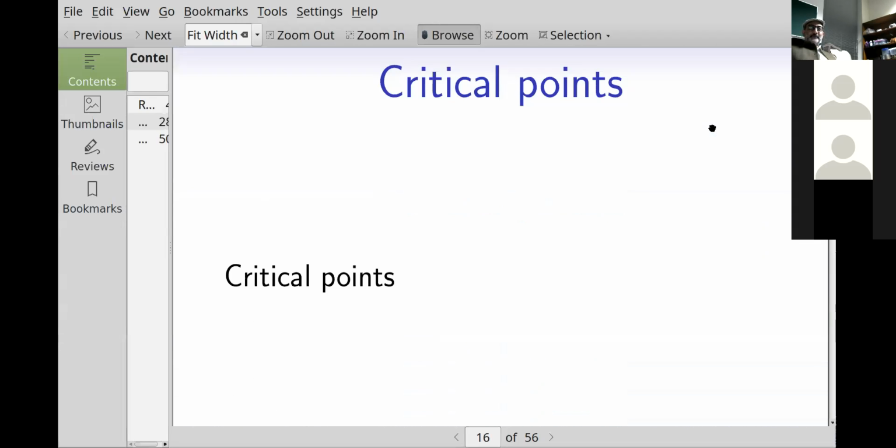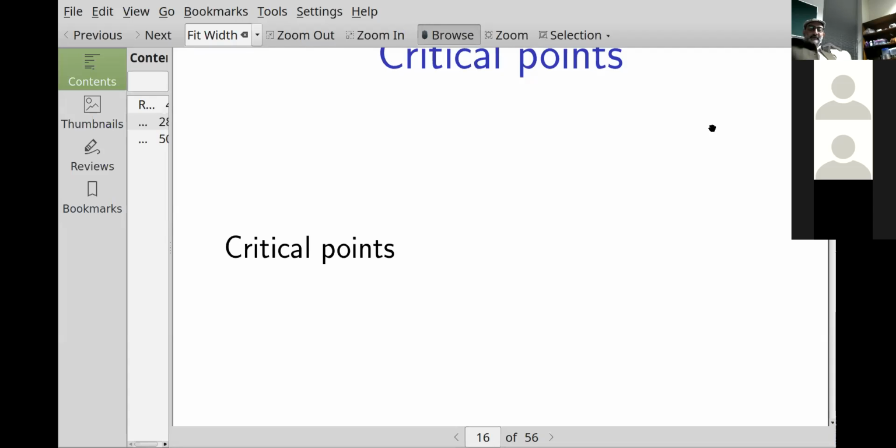And the critical points were what? The critical points are the points in the domain of the function where the derivative is either 0 or the derivative does not exist.